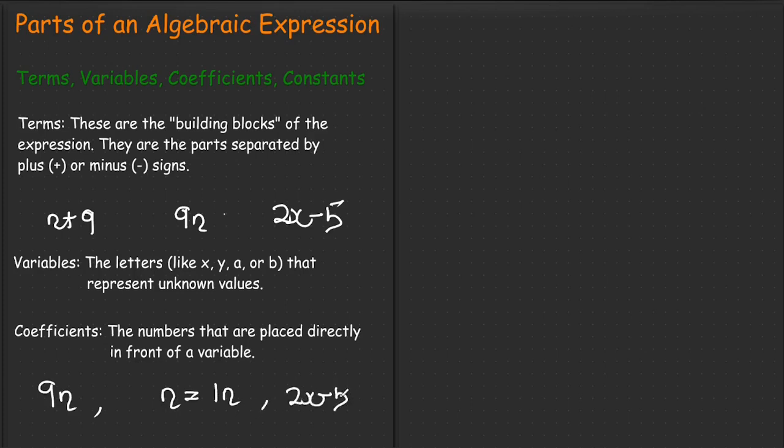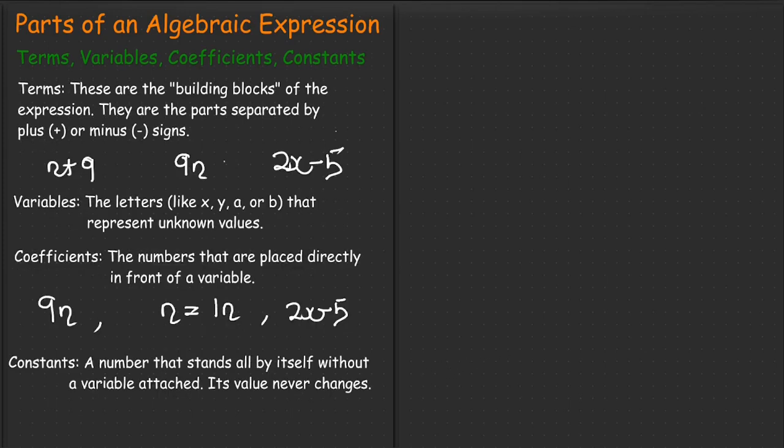Take 2x minus 5. Our variable here is x. How many x's do we have? There are 2 of these, and that is the coefficient. So the coefficient is the number placed in front of the variable, and it tells you how many of those variables you actually have. Then the last one we'll be looking at is the constant.